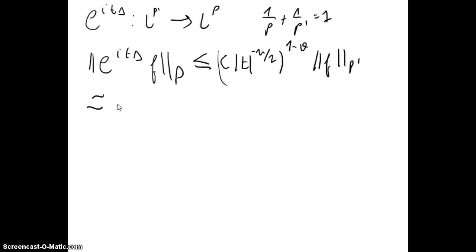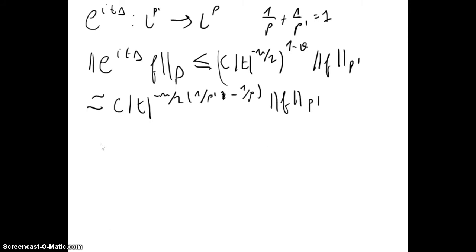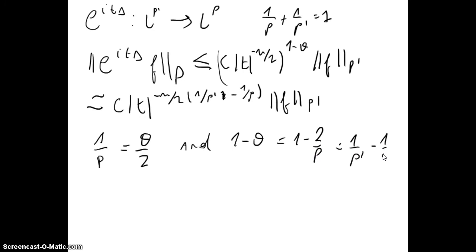This is going to be equal to c t to the minus n over 2 times (1 over p prime minus 1 over p) times the norm of f in p prime, where, changing the notation that we did in Riesz-Thorin, we had 1 over p theta, theta over 2, and 1 minus theta is 1 minus 2 over p, that is 1 over p prime minus 1 over p. Okay, so this is what we wanted to see.